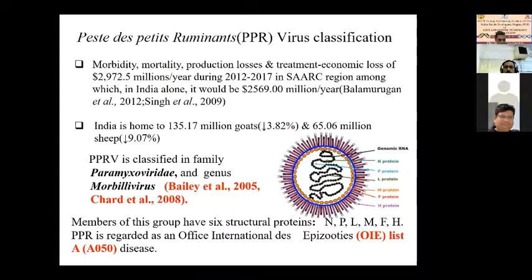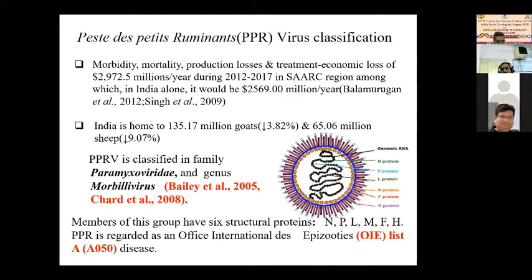This is with respect to the PPR virus. You all know PPR is very important, with losses of around 2.5 billion, and that is in the 2012 data. That loss is huge, and we have a strong PPR eradication program, and hopefully we will finish it.